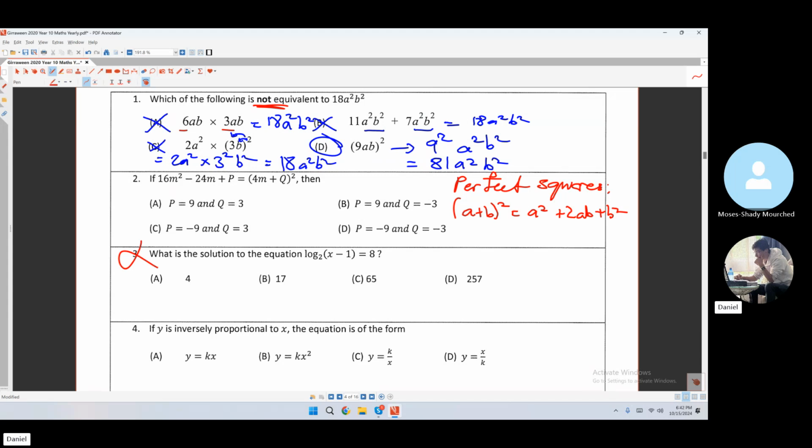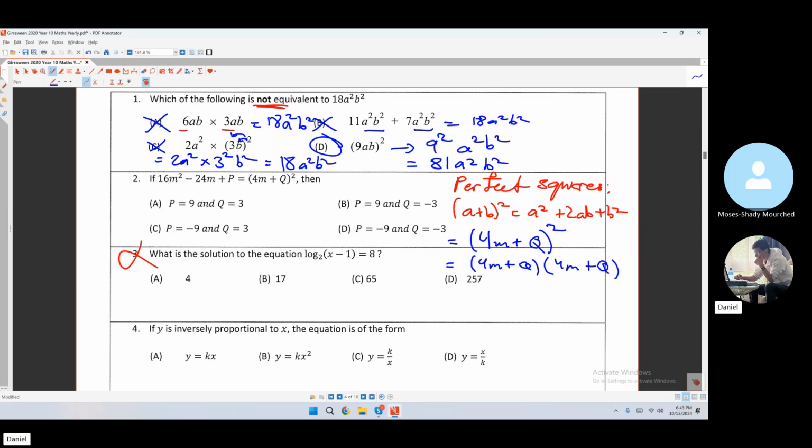The good news is we don't have to do it this way if you don't know. We can do it the long way. If you have 4m plus q, all squared, that squared means I have a duplicate of it. So that's the same thing as saying 4m plus q, times 4m plus q.